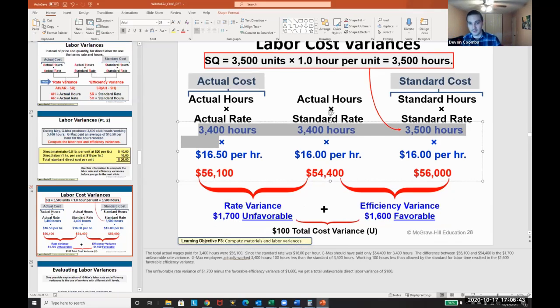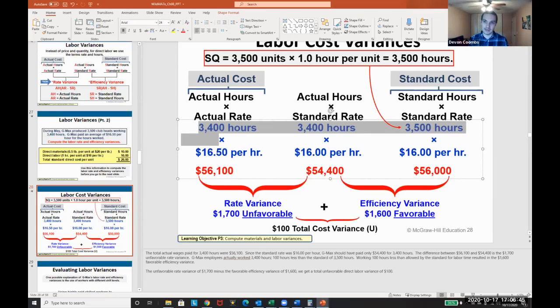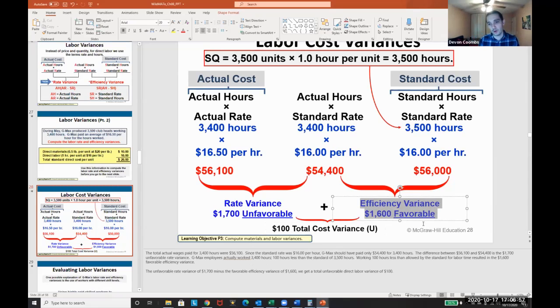Now I want us to identify the importance of breaking out these variances. From a total cost standpoint, it doesn't look like a big variance. So a company might just say, "Hey, I'm not going to look into this." But it's useful to drill into it, because what we find here is our workers are doing a very good job of working very well, but it seems like we're paying them a lot more. So what I drive to is, is there one employee doing a very good job that we're paying a lot of overtime to?